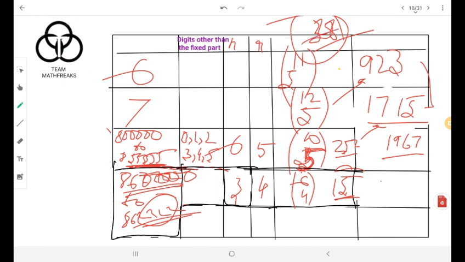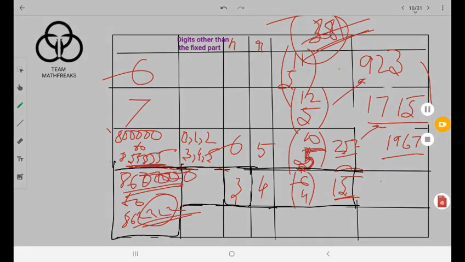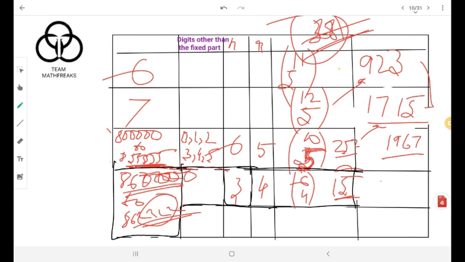We need 38, so let's consider a little bit higher: 863333. Why are we taking 4 here? Because two digits are fixed here, 8 6. These are the unfixed numbers.